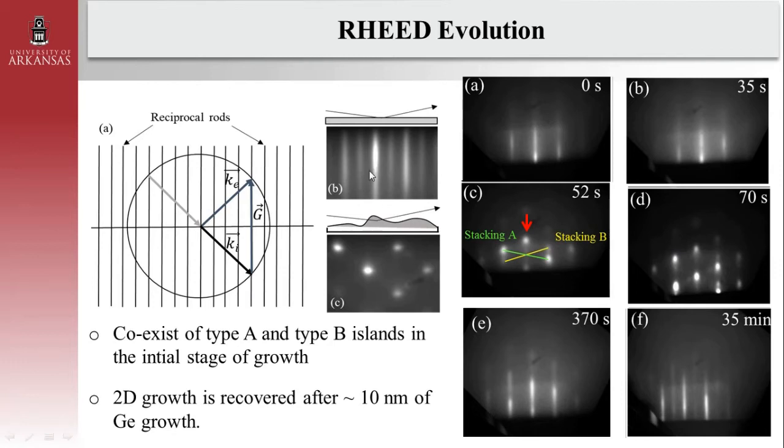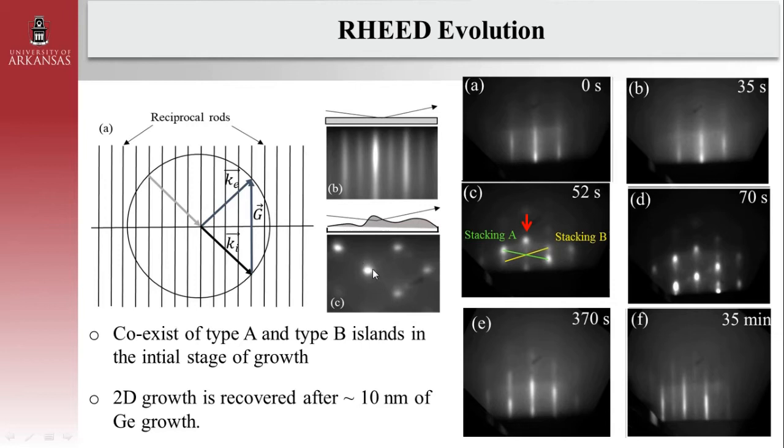When the rods of the reciprocal lattice intersect the Ewald sphere, the diffraction condition is satisfied and the diffraction pattern is observed on the fluorescent screen. So basically for a two-dimensional surface, you will have reciprocal rods. But no, sorry, it's islands, so basically a 3D surface.